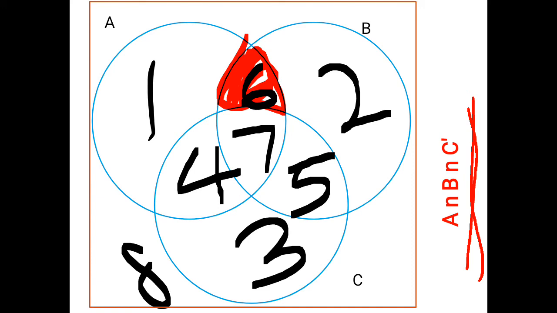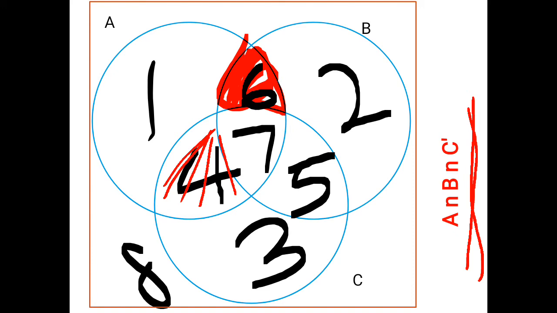All right. Similarly, this part, region 4, is A intersection C only, or only A intersection C, or A and C only, or only A and C, or both A and C only. What is very much important is the "only" I am saying.